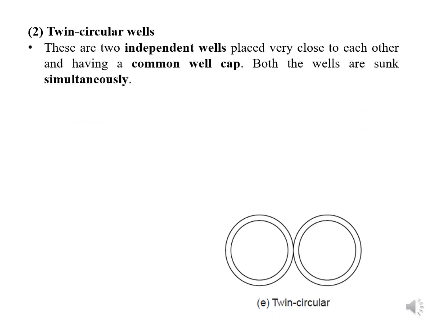Two circular wells means there are two independent wells. You can see two independent wells placed very close to each other and having a common well cap. Whenever you are going to sink the two circular wells, they are sunk simultaneously, so both are connected by the same well cap on the top.